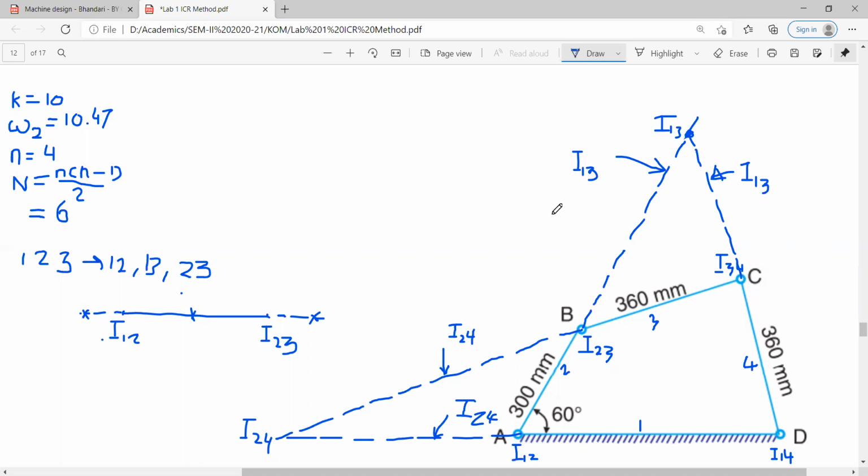Okay, so I will ask you to complete this diagram, then we will see the calculation part. I will give you like 5 minutes to complete this diagram, then I will show you the calculation.